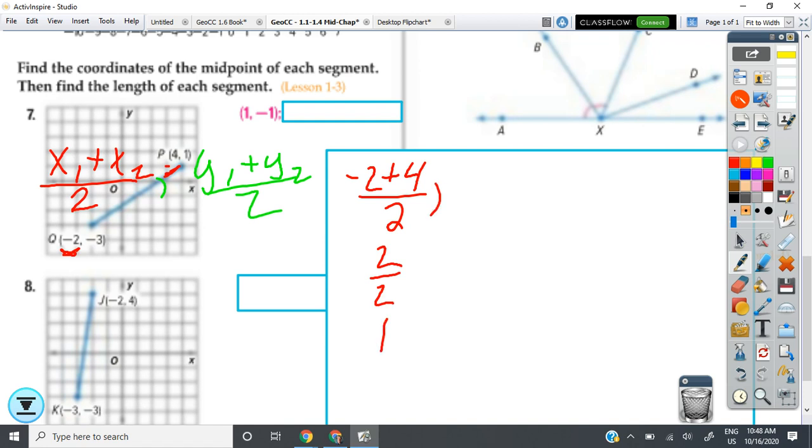Now I know that's only my x. A midpoint is a point. That means it has to have an x and a y. The y's, -3 plus 1 is -2 over 2.